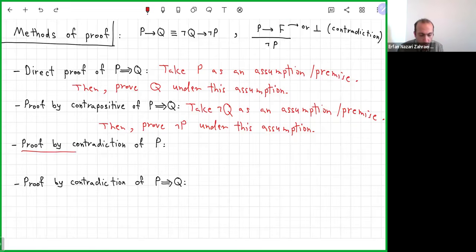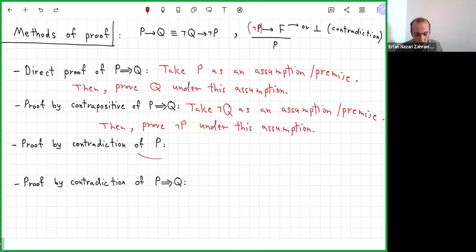So if I want to do proof by contradiction and my conclusion is P, then let me replace P with not P as the negation. So then I have not P here, or if you like, not not P, but that's a double negation, it's P. So basically I should take not P as my assumption or premise, and then I should get a contradiction. Then out of this process, I prove that P is true.